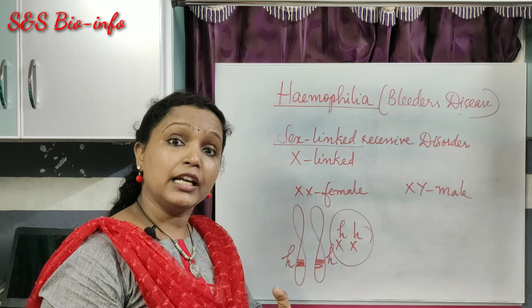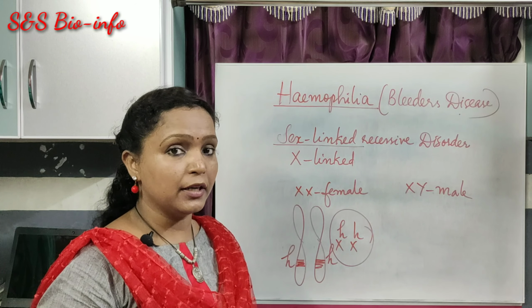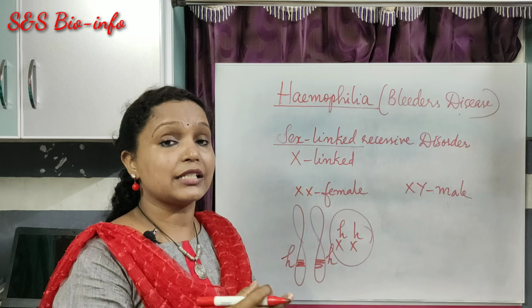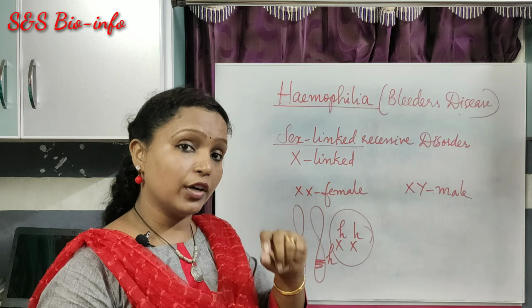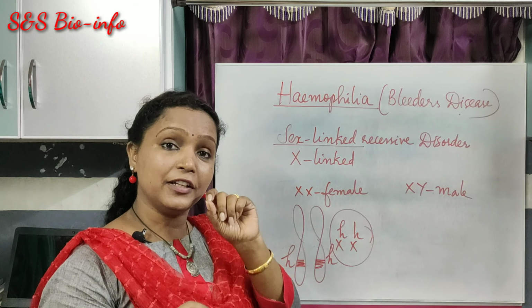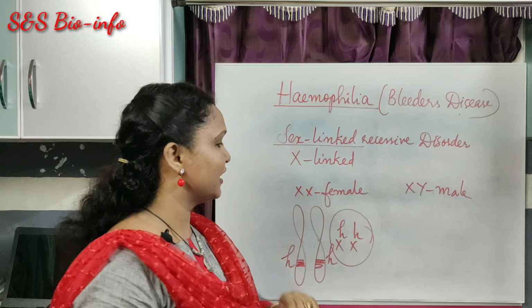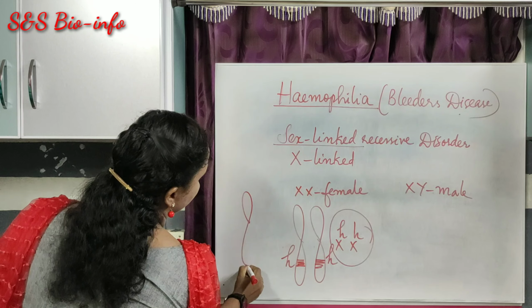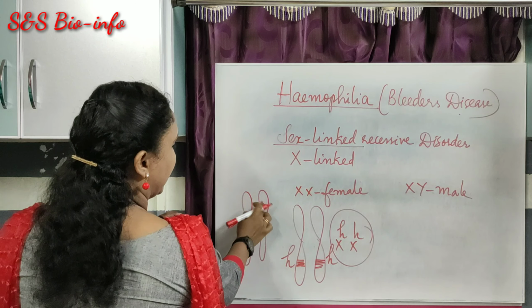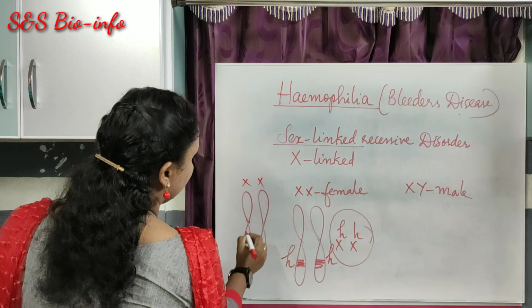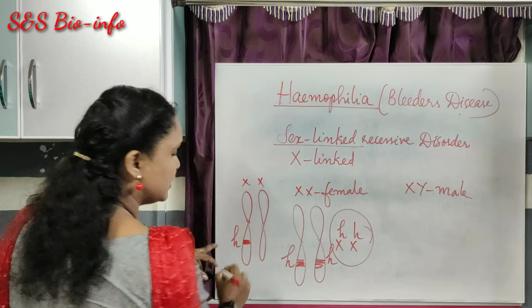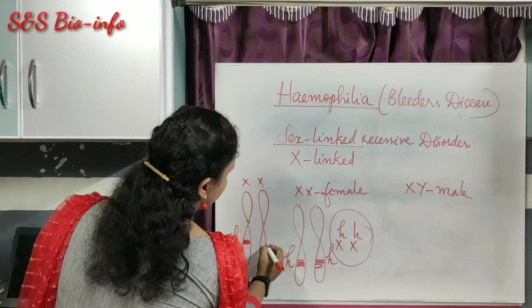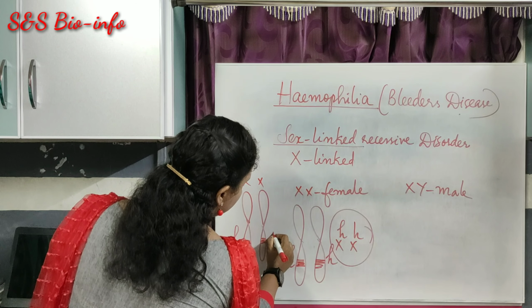It is rarely found in females. Why? Because females have a double X chromosome. If one recessive allele is present on one of the sex chromosomes, the female can act as a carrier. Suppose one X chromosome carries the recessive allele and the other X chromosome carries the dominant allele.